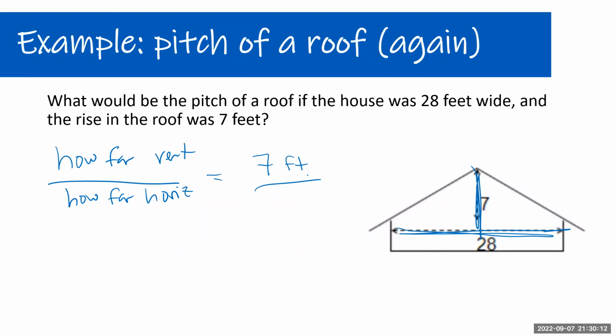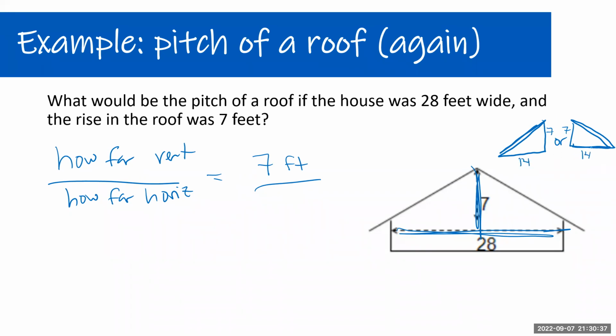We're not, because all we care about is one of these. They're identical, so it doesn't matter which one we use. Either way, we know this is 7. This is the slope we're looking for. What is our horizontal here? It's split in half, so it's going to be 14, which is 28 divided by 2.